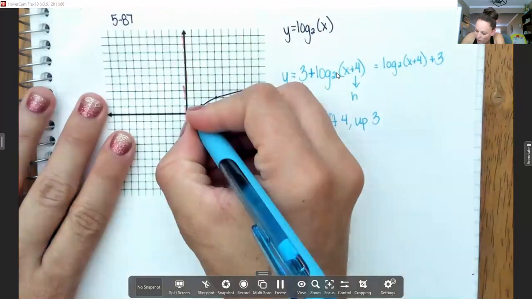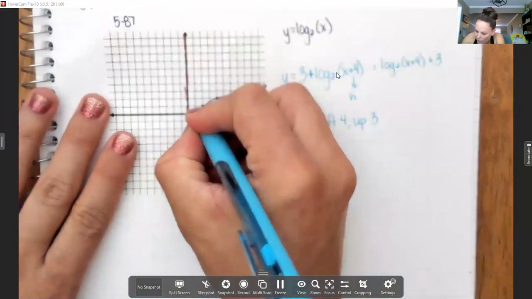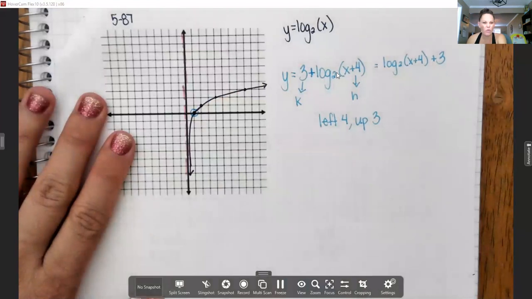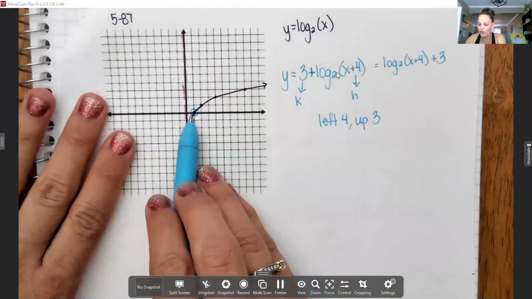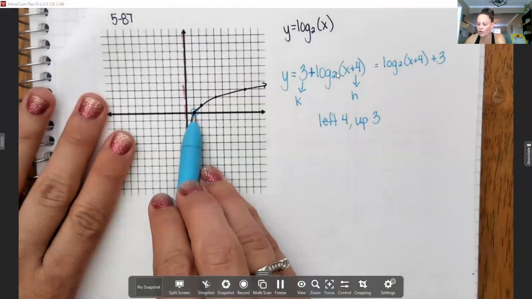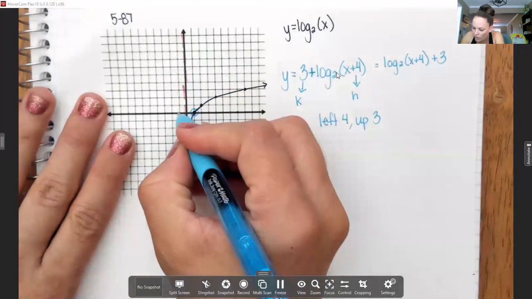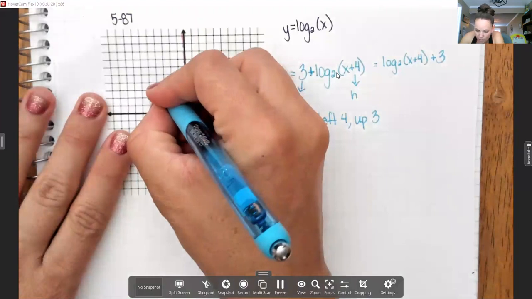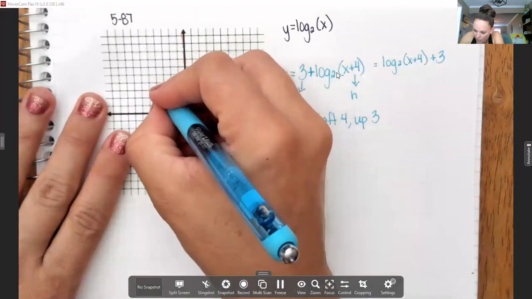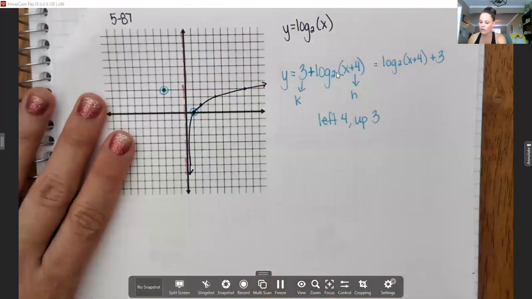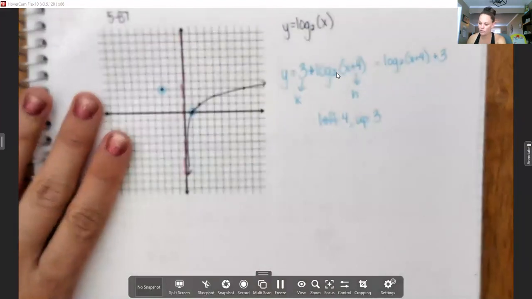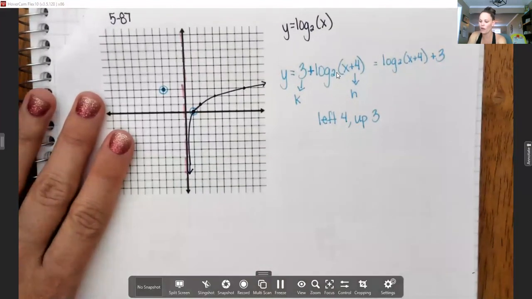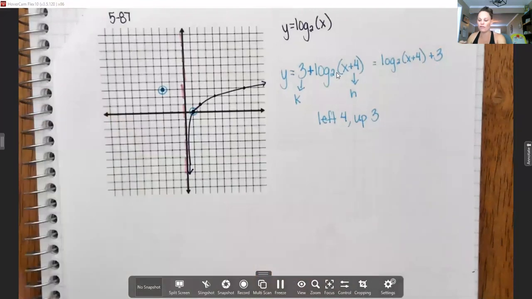So this point right here is kind of like our locator point. All of these go through the point 1, 0. If I go left 4, 1, 2, 3, 4, and up 3, that's going to be that point right there. This whole graph is shifting left 4.